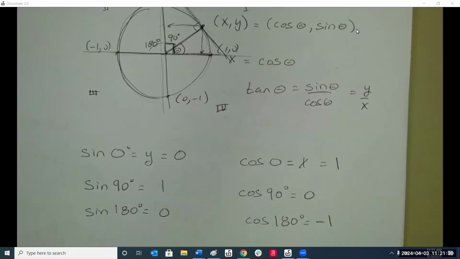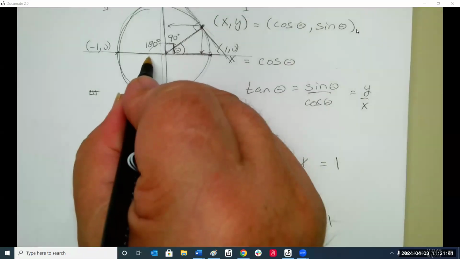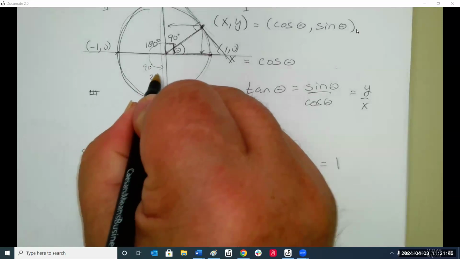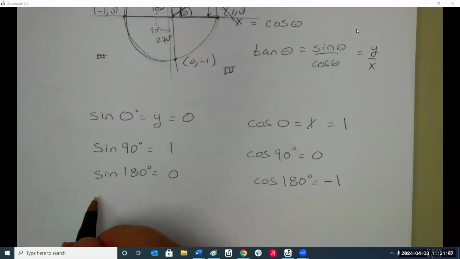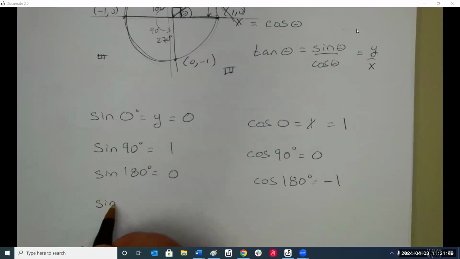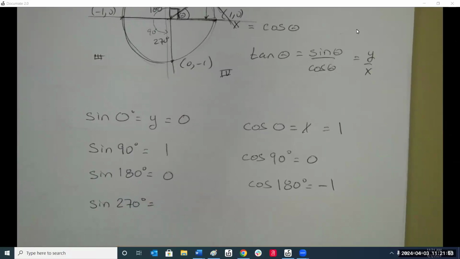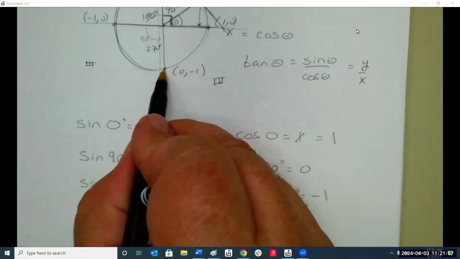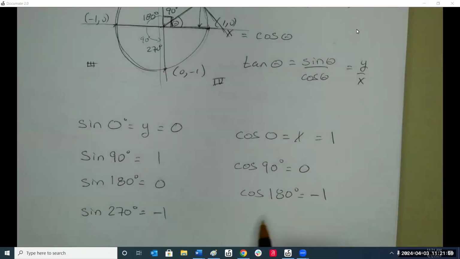Very good. And we continue even further. If we add 90 degrees more, we get to 270 degrees. So the sine at 270 degrees, what's the y value at that point? -1. The cosine at 270 degrees is 0.